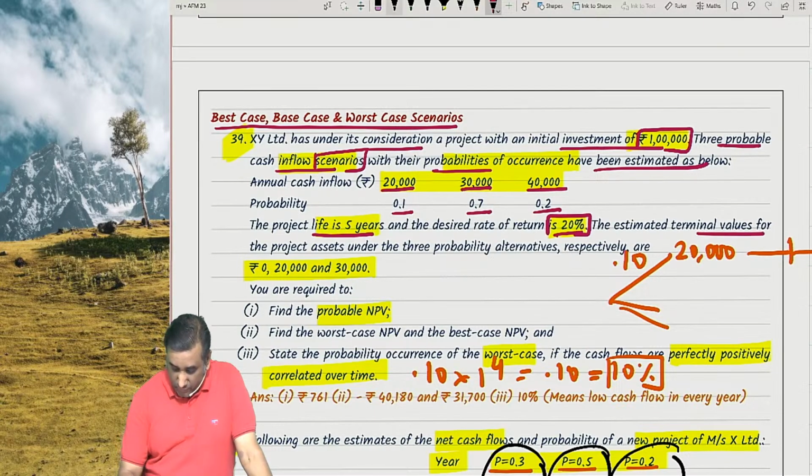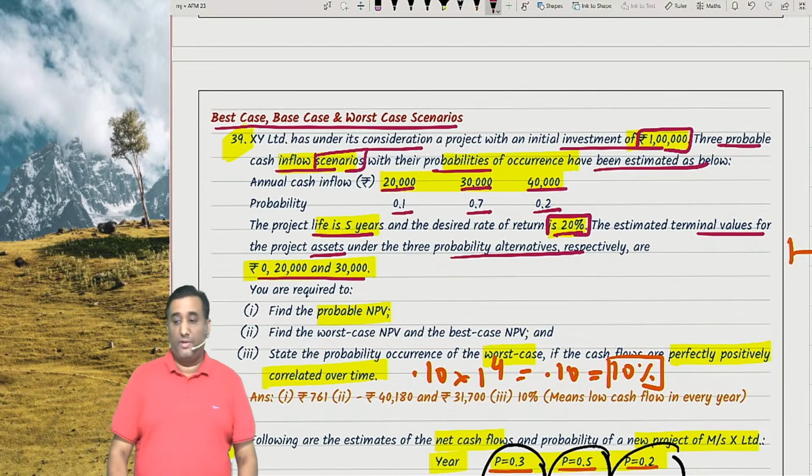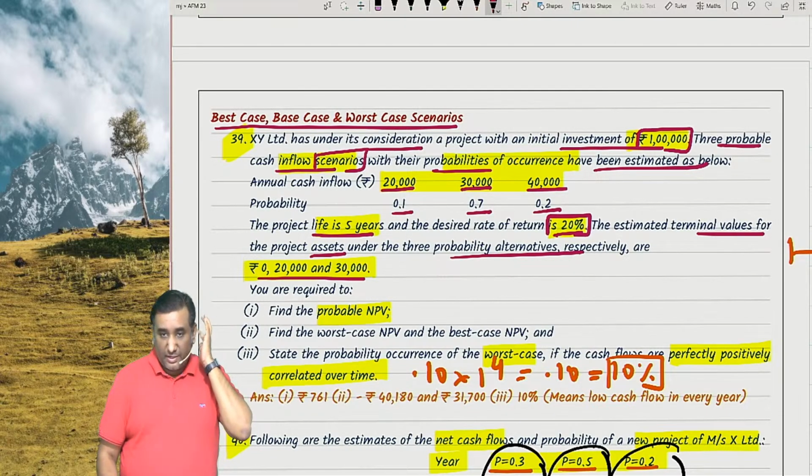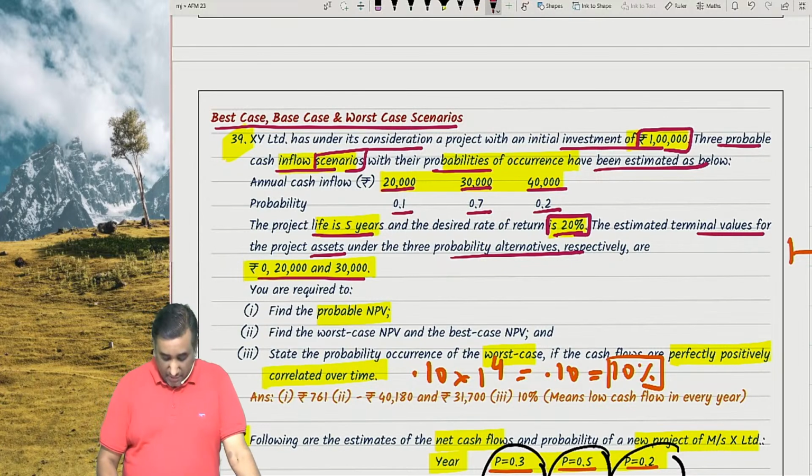Estimated terminal value for the project assets under the 3 probability alternatives respectively are 0, 20, and 30. Find the probable NPV. It means in the first year you earn 20 or 30 or 40, and chances are 10, 70, and 20.